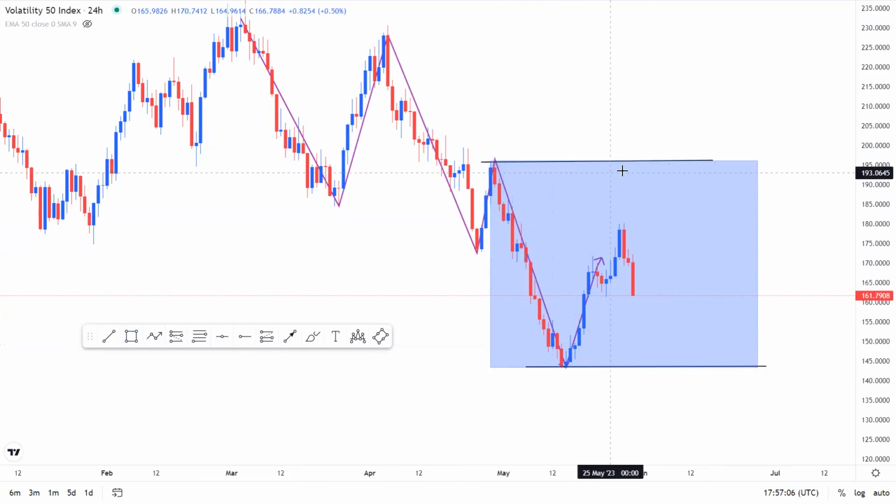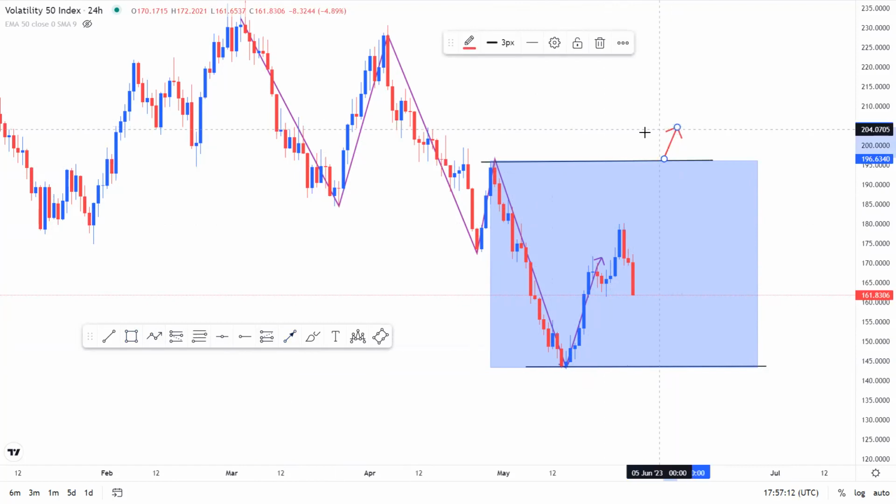Because once the market gets past this box right here, the structure of the market has shifted from bearish to bullish. So we are no longer going to be looking for selling opportunities. We now want to change our bias from selling to buying.